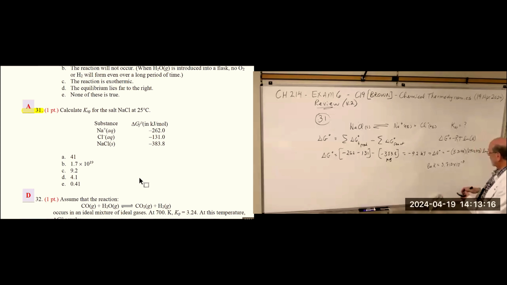I divided this one by that one, and then divided that quotient by this one. So I'm putting both of these over here on this side. Okay, and that's what I get. So K is equal to e to the 3.713 times 10 to the minus 3.